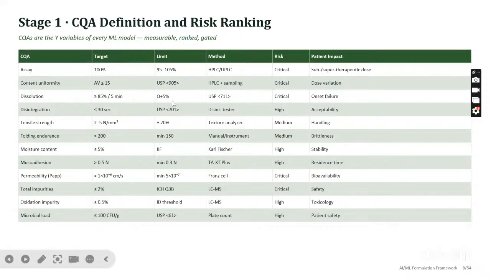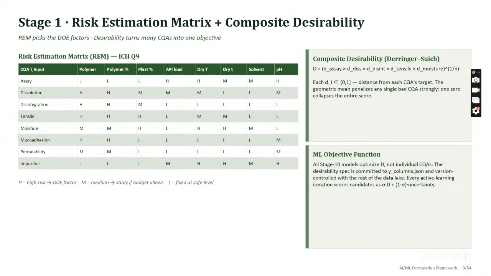Next. Risk estimation. Critical quality attributes are the Y variables of every model. You should evaluate the risk assessment for assay. So polymers, the assay, content uniformity and the dissolution, tensile, moisture, mucoadhesion, permeability, impurities.